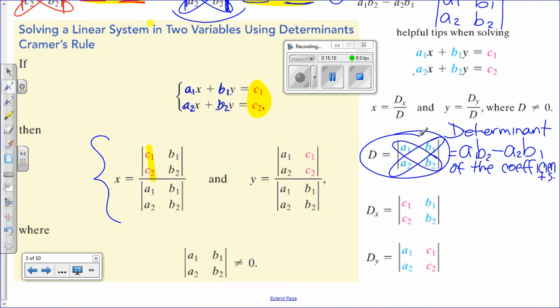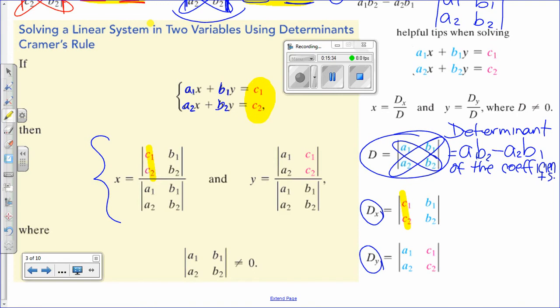Now, that would be one of them, but we also, as you notice here, have d sub x and d sub y. What happens there is that you use the same coefficients, but you replace the coefficients of x with the constant terms.